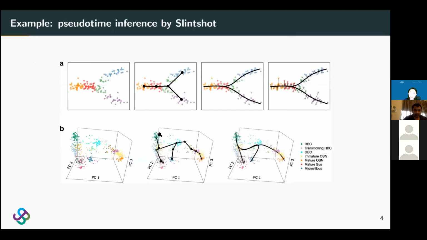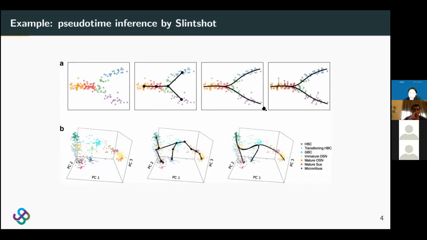Okay, so this is a figure that illustrates the idea of Slingshot. Sorry, there's a typo, it should be Slingshot. So what it does is that first it performs clustering, and this is a two-dimensional visualization of the cells. You can consider this to be PCA. And then given the clusters, it uses the minimum spanning tree to connect the clusters. And then it tries to smooth it out by using the principal curves.